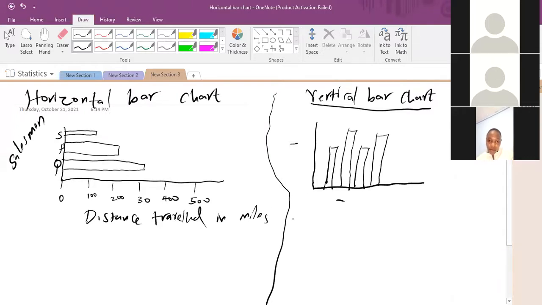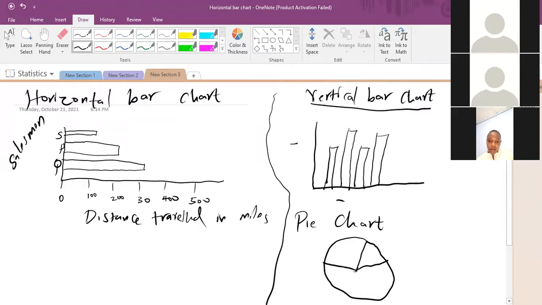And what of a pie chart? So a pie chart, this is a circle, guys. Excuse me, I'm not very good at drawing. So that's supposed to be a circle, and a pie chart having values.